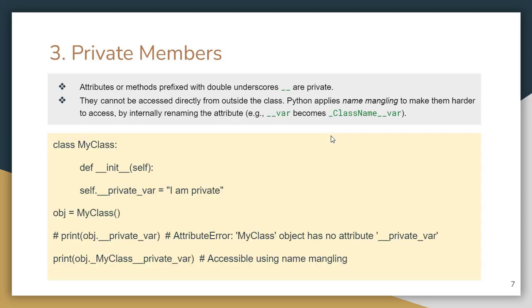Let's see with an example. Class MyClass, colon, after that def, define a function, the name of the function is __init__, which has a single parameter, self. self.__private_var is a private member of the class MyClass, and it stores the text "I am private".